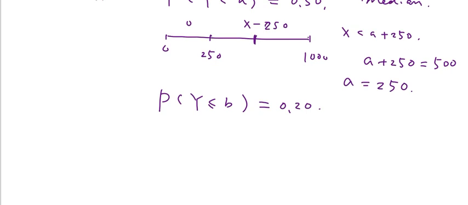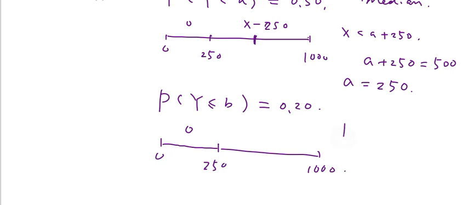Okay, so Y equals 0, such probability is already 1/4 or 25%, right?